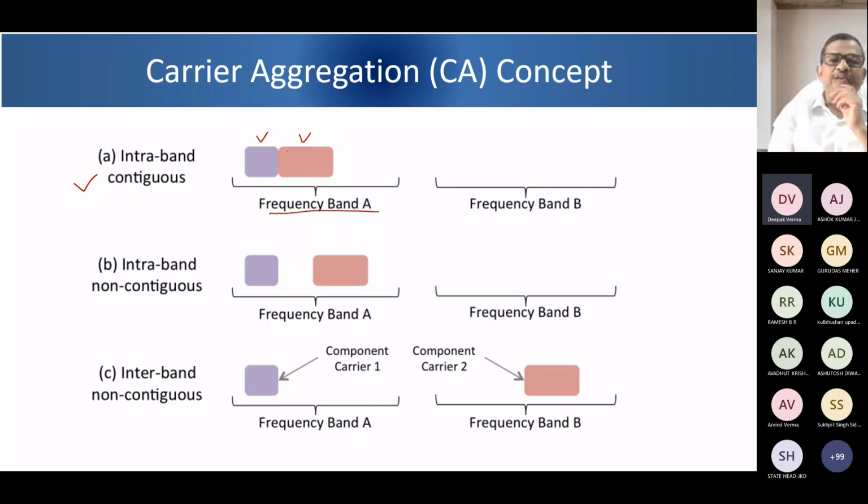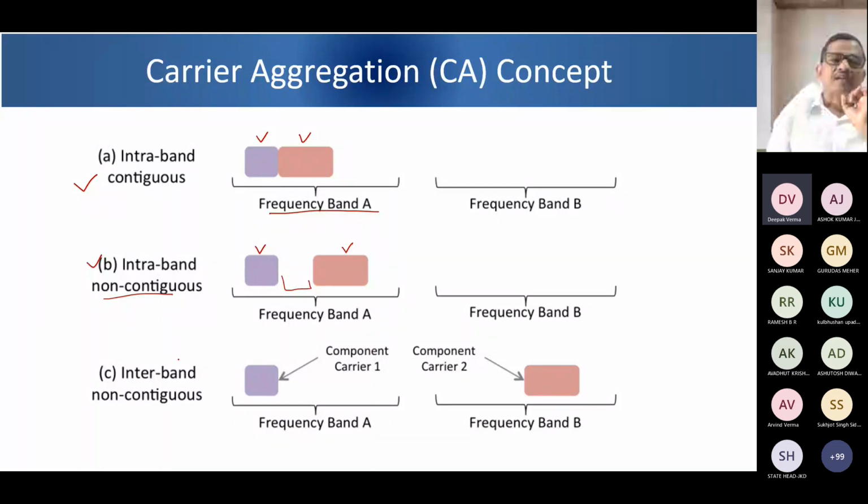Those two component carriers can be used for carrier aggregation. In case you have intra-band but non-contiguous, one component carrier is here, then you have some gap, and then you have some other component carrier. This kind of component carrier can also be aggregated.